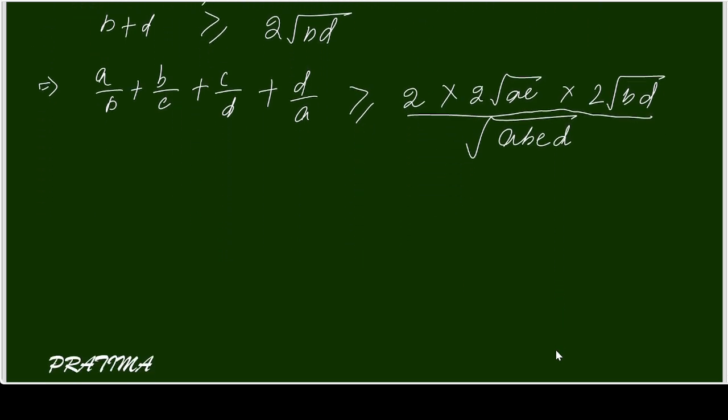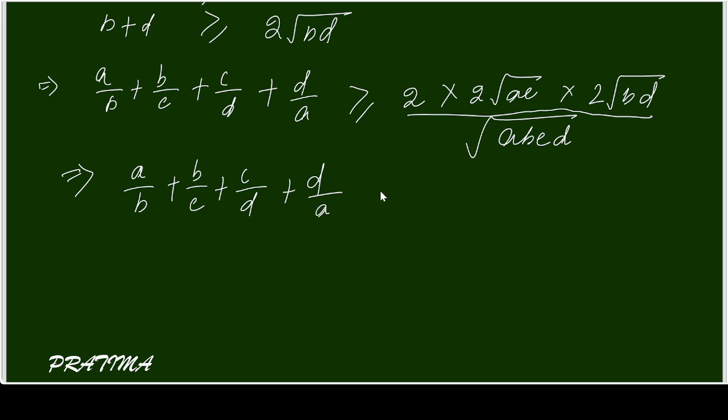So this will be cancelled on the right side, and we'll get A over B plus B over C plus C over D plus D over A is greater than or equal to 2 into 2 into 2, which is 8.